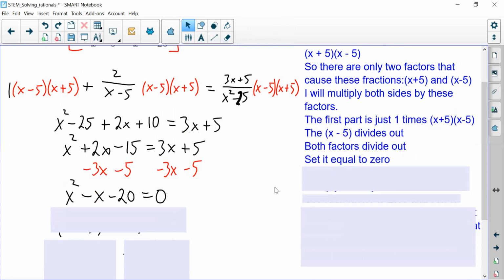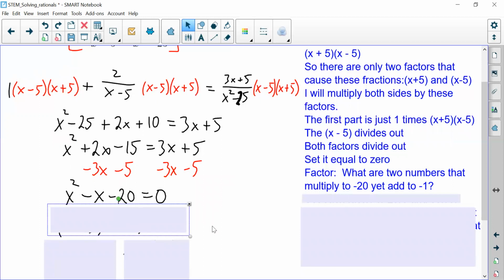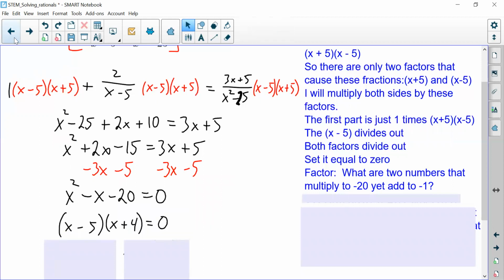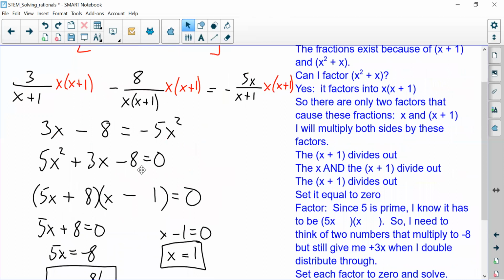And there it is. Now, I can do the quadratic formula, that will always work, but this one is a little bit easier to factor. Are there two numbers that multiply to negative 20 and add to negative 1? Yeah, negative 5 and positive 4. Realize you can't do that little trick here. You just can't think of two numbers that multiply to negative 8 and add to 3, because this 5 changes things. So this one was more difficult to factor.